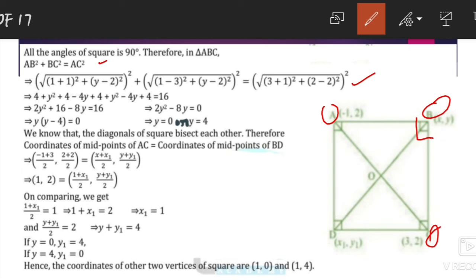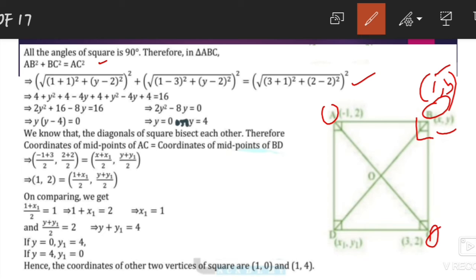Okay, in the coordinate of B you had considered it as x, y, but you already evaluated the value of x as 1, so the coordinate of B is 1 comma y. So now you will use this 1 comma y coordinate.